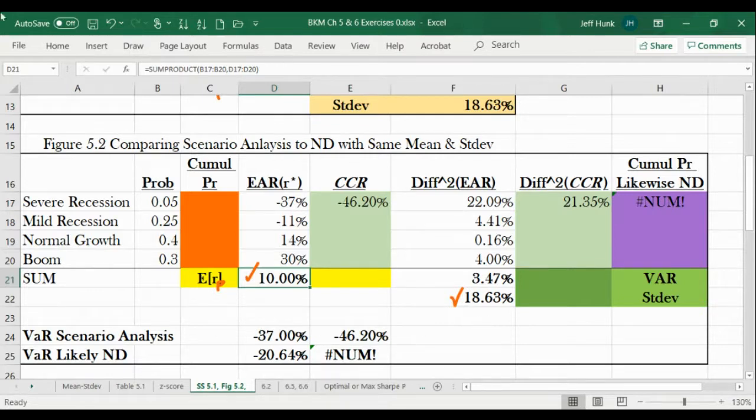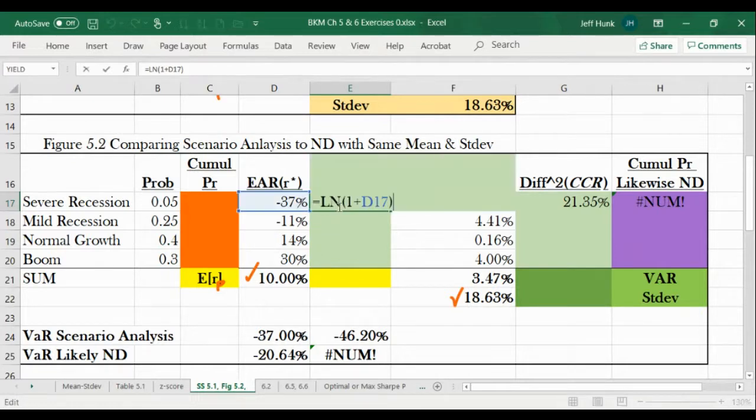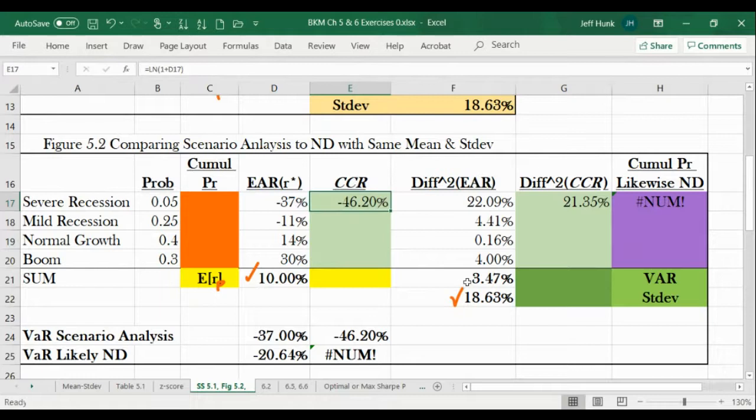Now, let's do the continuously compounded. We know the continuously compounded return of this is the natural log of 1 plus EAR, right?